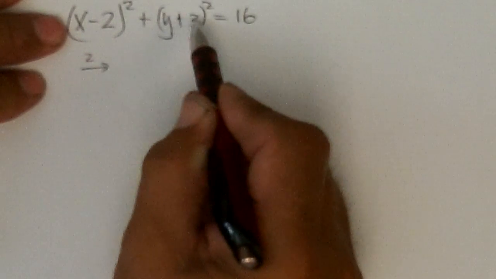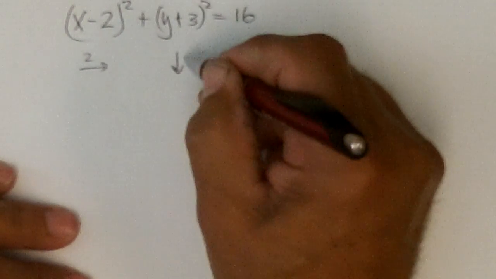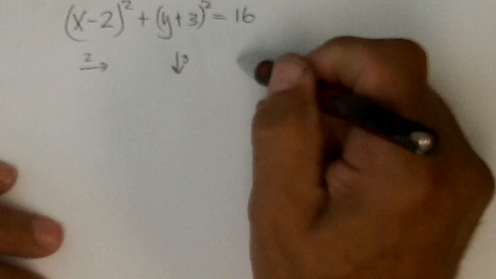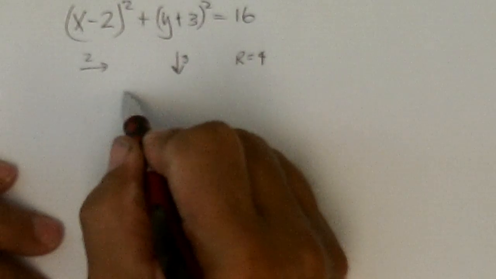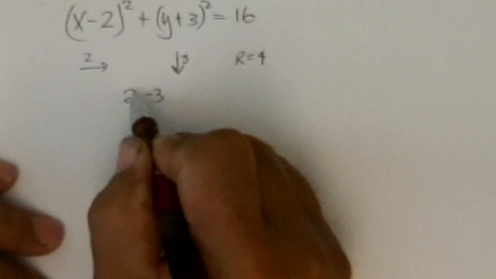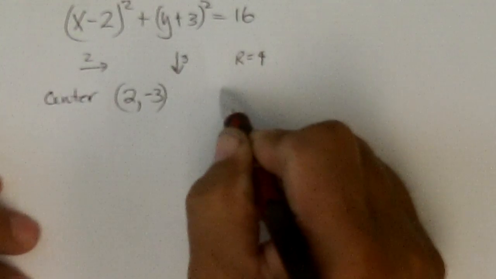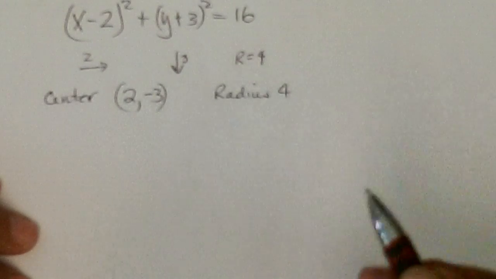And if it's plus 3 on the y, then it goes in the opposite direction, so it's down 3. And the radius squared is 16, so the radius is equal to 4. So the center is at 2, negative 3, and the radius is 4.